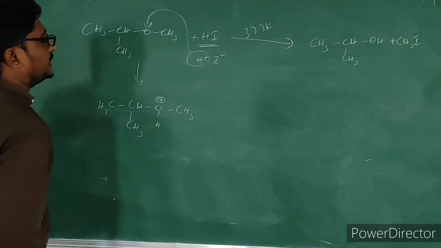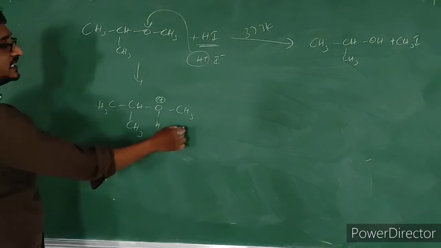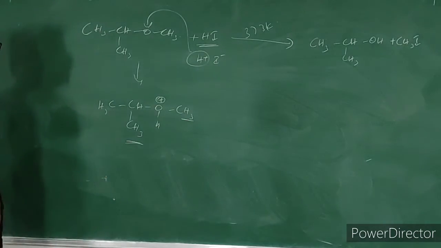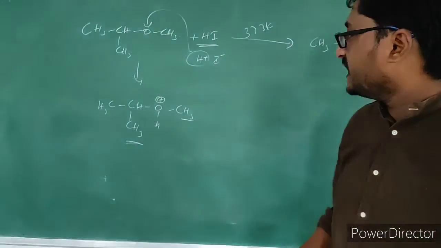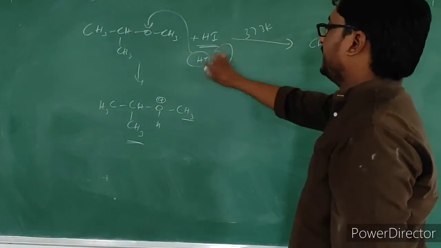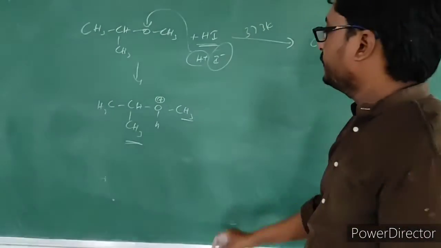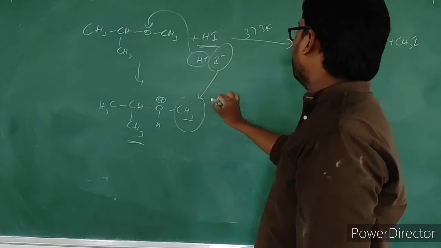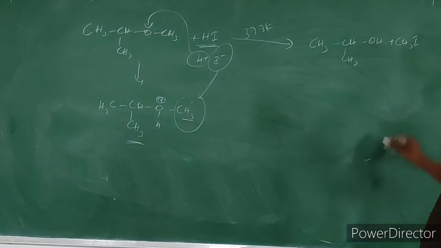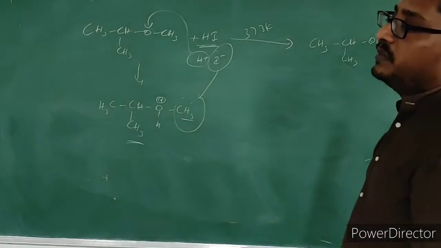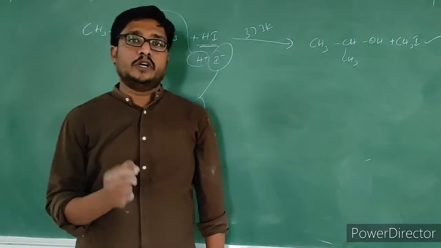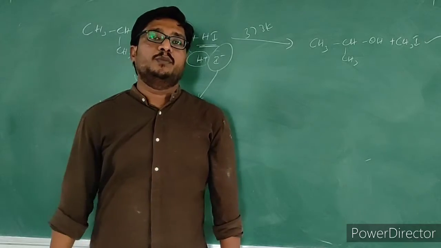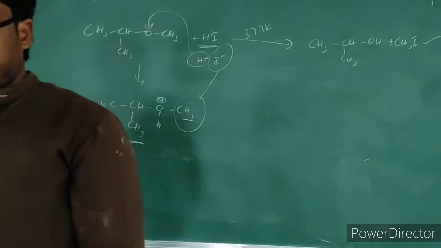Now there are two alkyl groups in this oxonium ion: one is methyl, the other is isopropyl, which is more sterically hindered. I minus will attack the sterically less hindered methyl, resulting in the formation of methyl iodide. So these things are very important in objective questions. Please note them down.